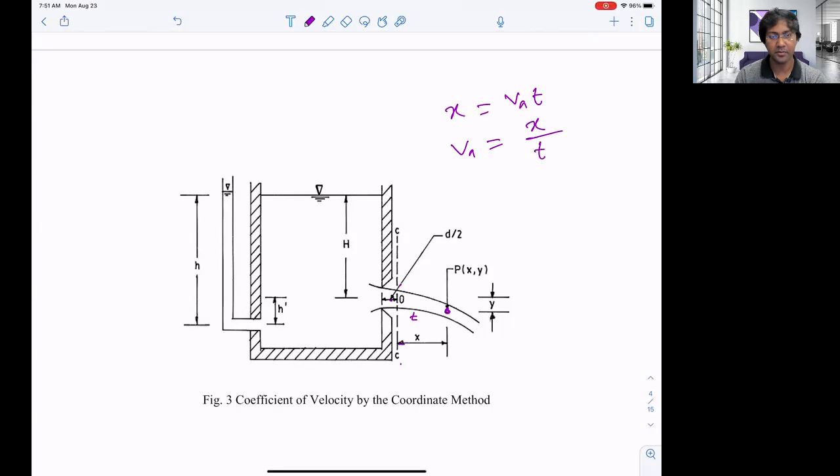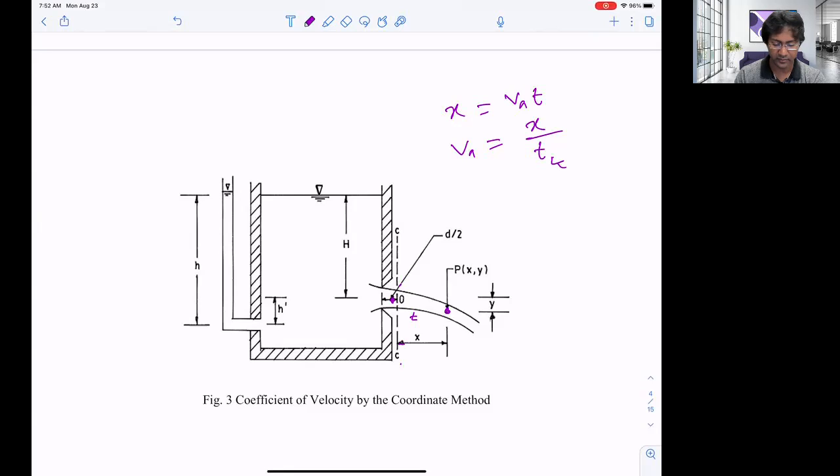But calculating the time is very difficult, and we don't know which particle is coming from this point to that point. That's why we will try to nullify that time t, so that we don't make any mess there.